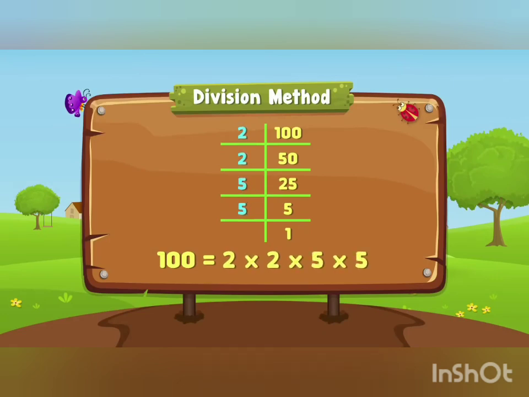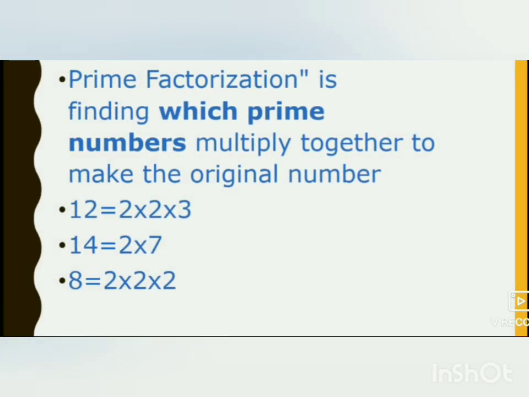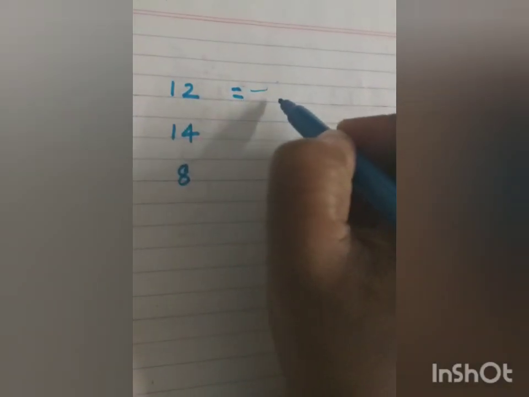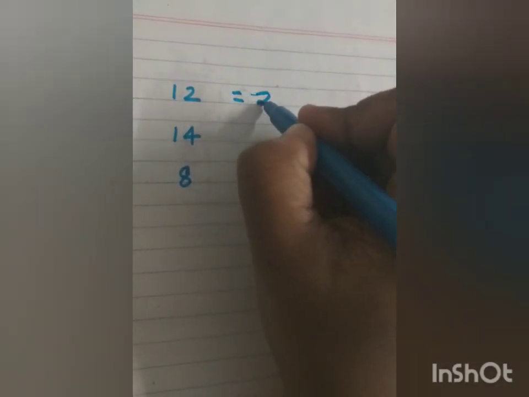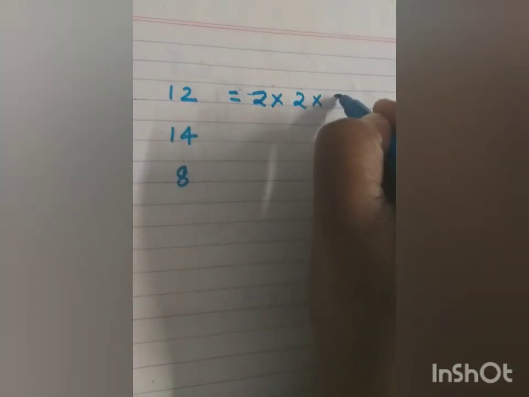Now look closely. All the numbers which we have written here to express 100 are prime numbers, right? So, prime factorization is finding which prime numbers multiply together to make the original number. Here you can see some more examples. The way of writing 12, 14 and 8. 12 can be written as 2 into 2 into 3.